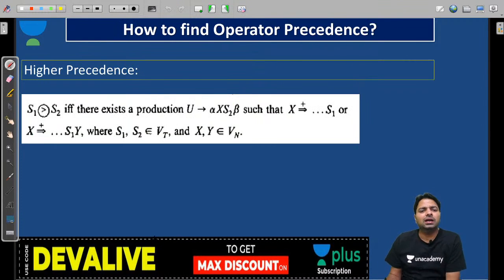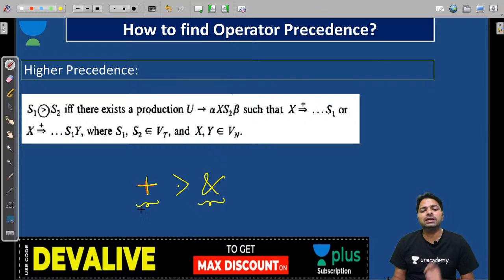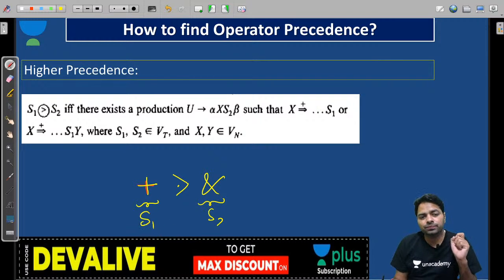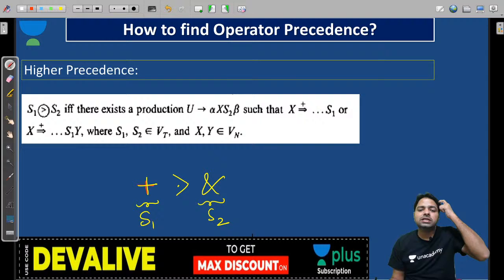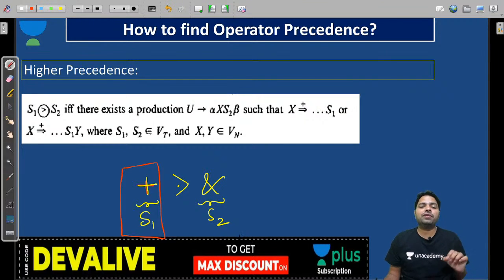Okay. Now, when you are talking about higher precedence, how do you compute it, guys? Suppose you want to say plus is greater than, let's say, an ampersand operator, and these two are operators. This is one operator, the other operator, and you want to say this is S1, this is S2. Whichever has higher precedence must be derived from the production.